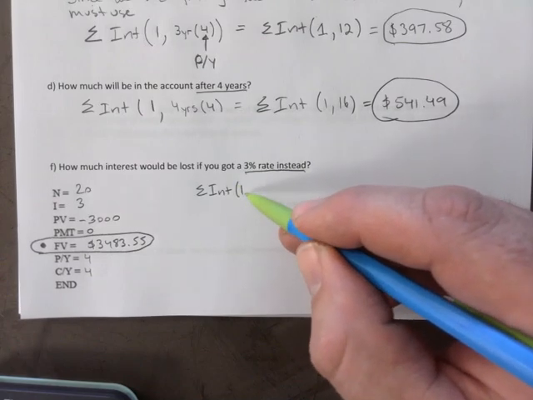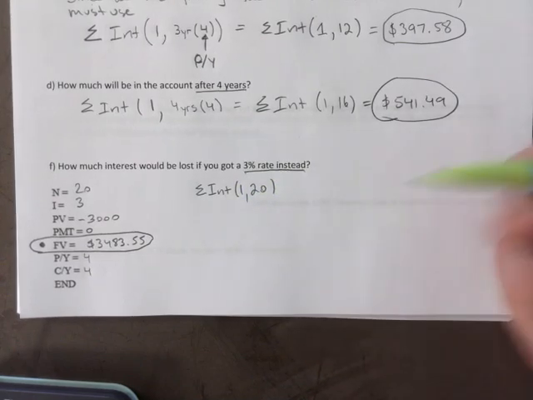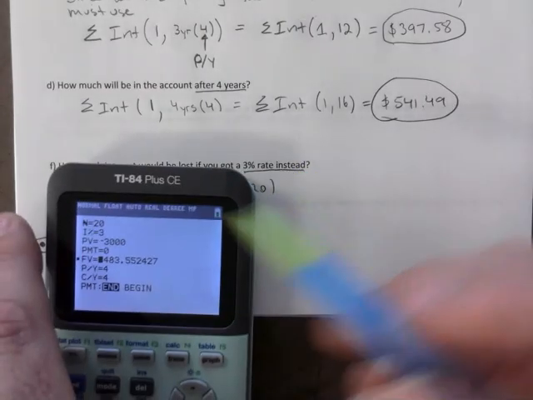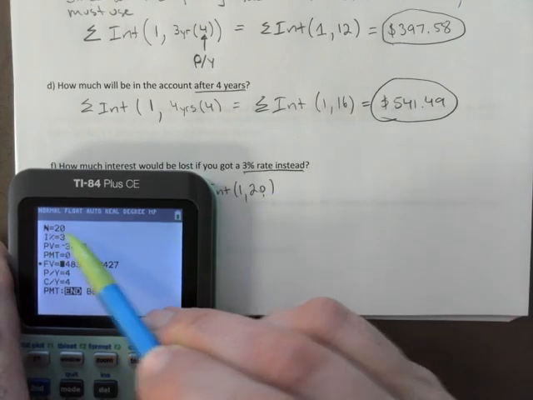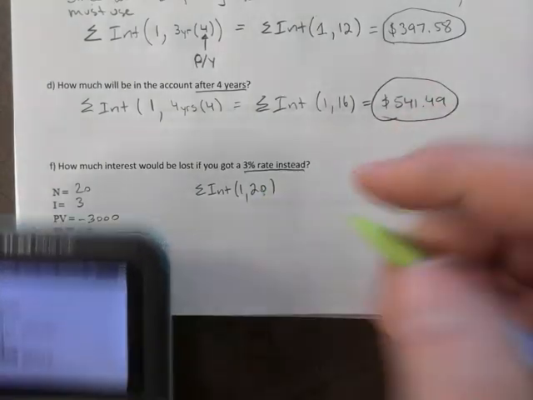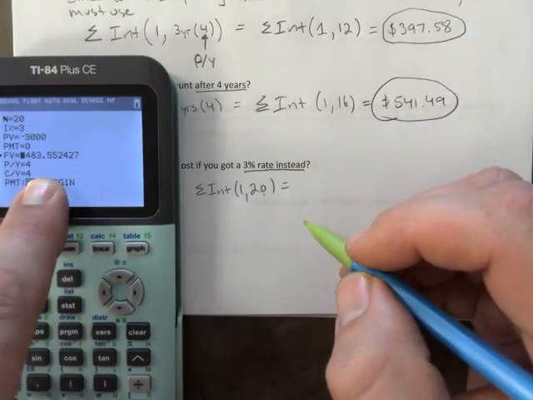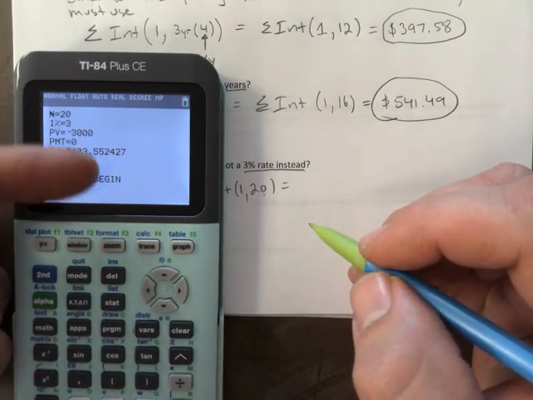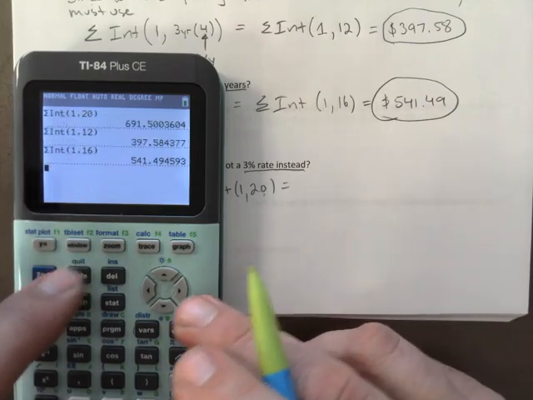Pay close attention to this part. Obviously, we're going to go from the first to the last, which is the 20th. If you want the entire amount, whatever is an N is always going to go at the end here. Okay? You've got to exit this. If you don't exit this, it's going to paste the sum of interest into one of your entries here. So you don't want that. You've got to quit that.